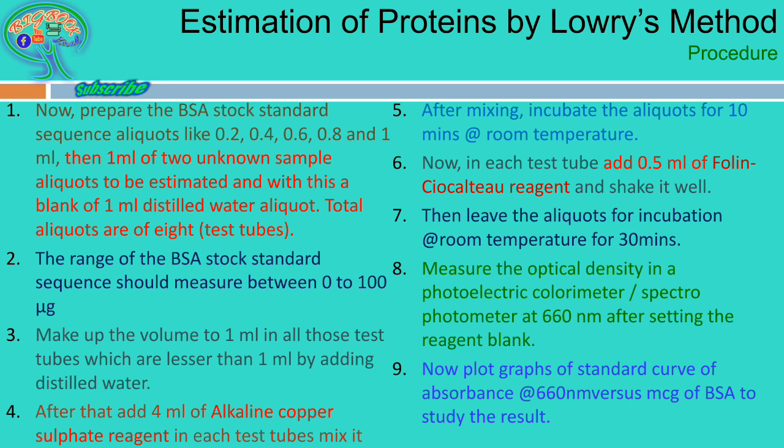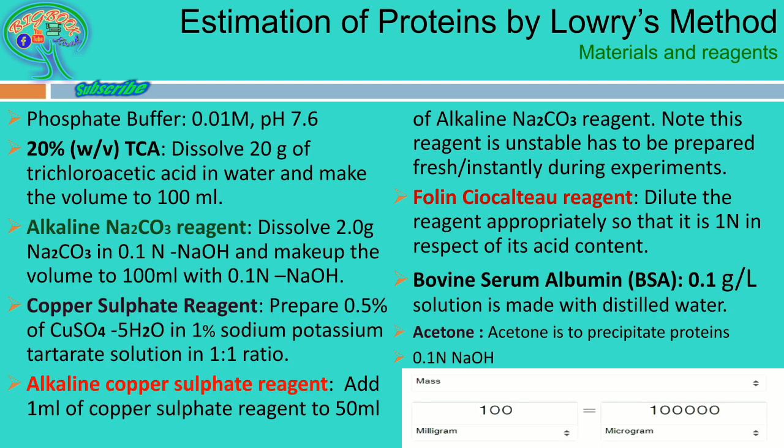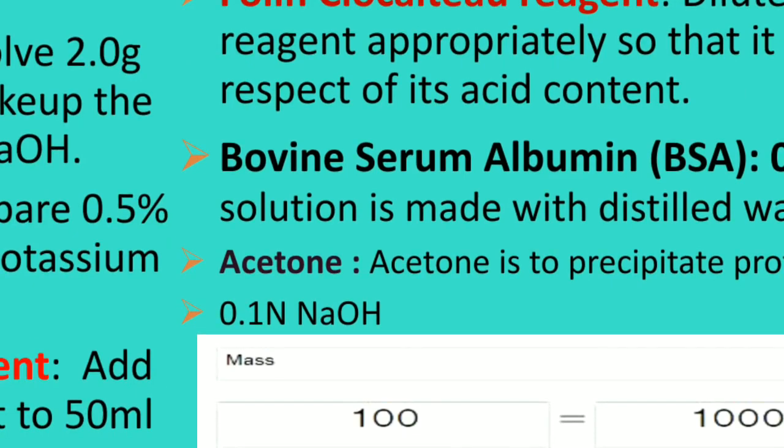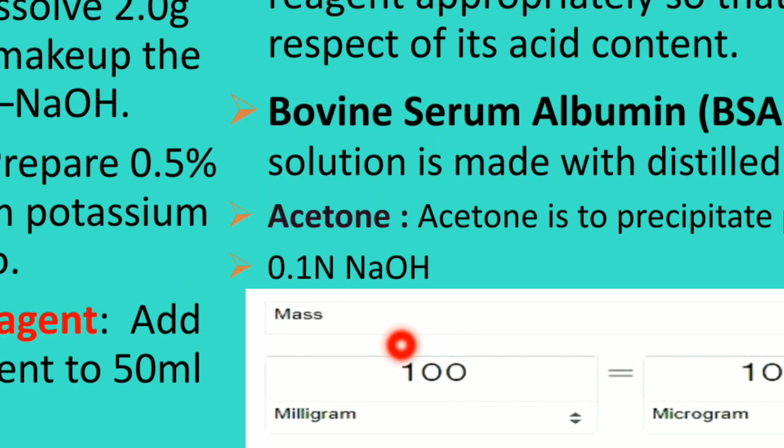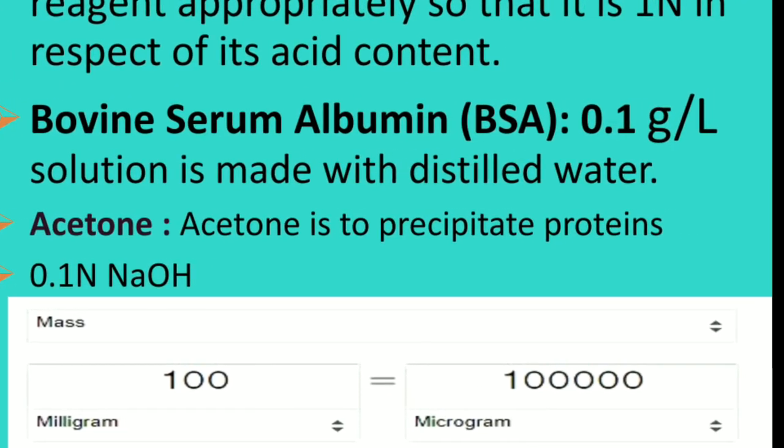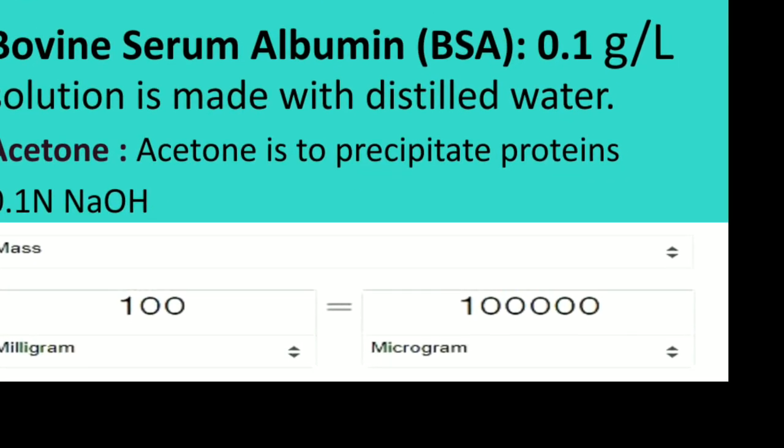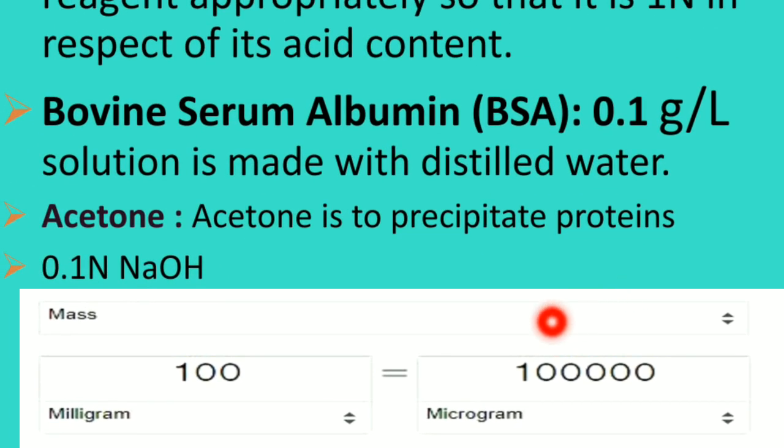Before that, we have to understand the bovine serum albumin stock solution. Bovine serum albumin will be taken as 0.1 gram per liter, a solution made with distilled water. This stock solution having 0.1 gram means it has 100 milligrams, and 100 milligrams is equal to 1 lakh micrograms.